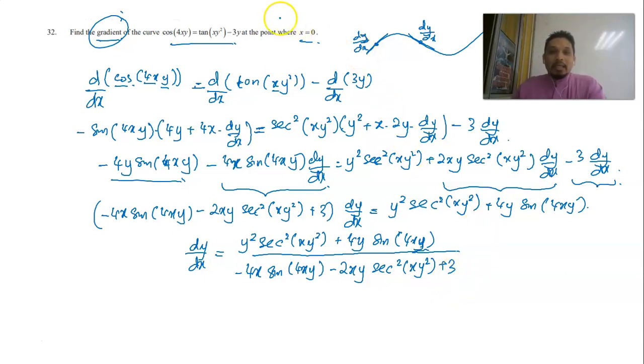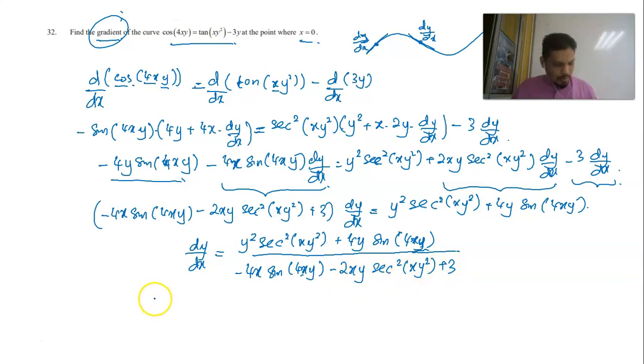Okay, and find the gradient at the point where x equals 0. So when x equals 0, substitute. We got x here in 4xy, x here, and x here, and 3.